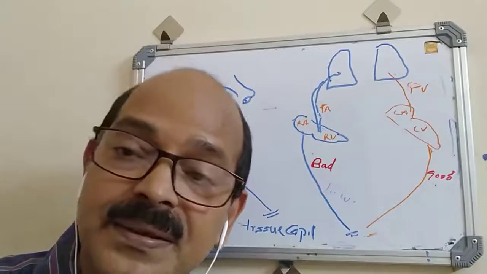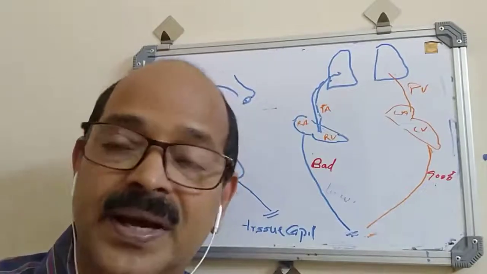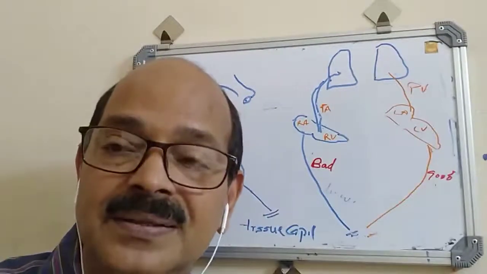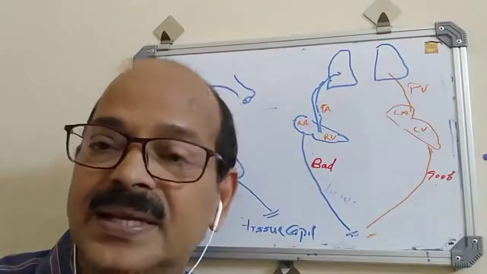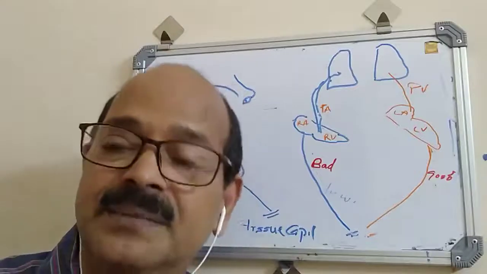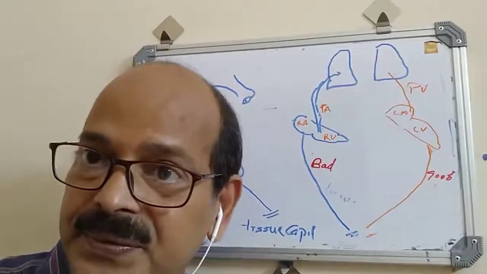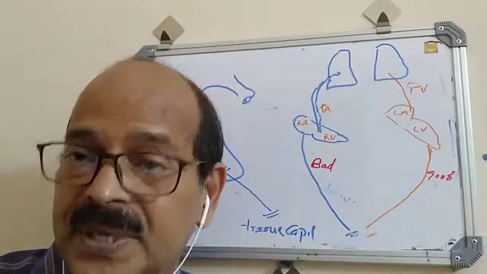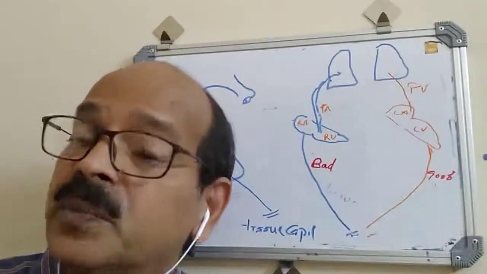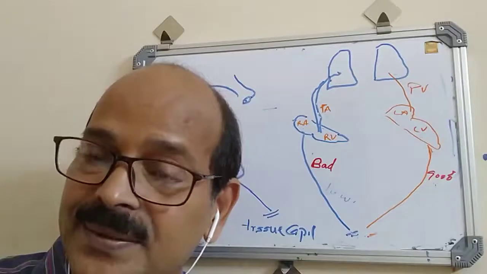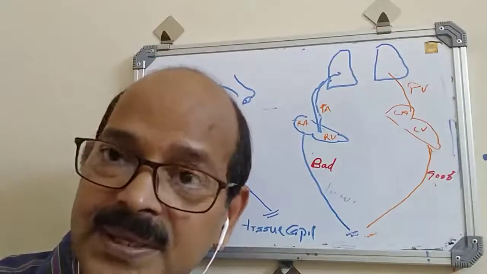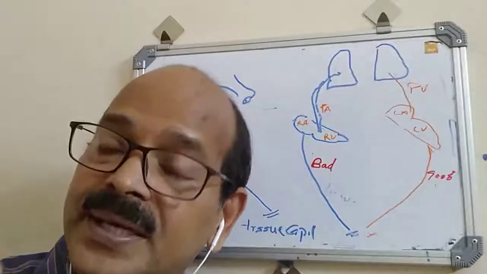One is the decreased flow state, where the blood reaching the lungs is less and less oxygenated blood is reaching back to the LA. And the other extreme group is the increased flow state, where the blood circulation to the lung is normal or a little high, still you get the desaturation.